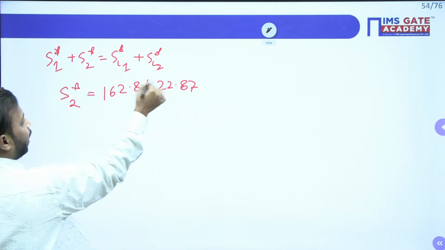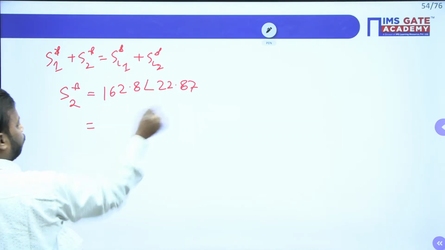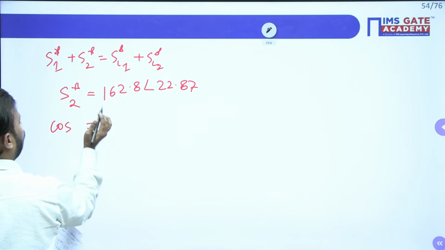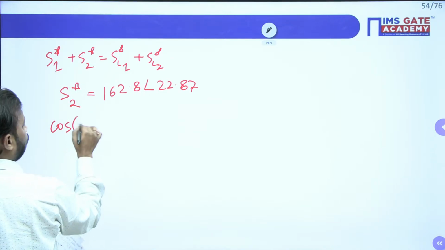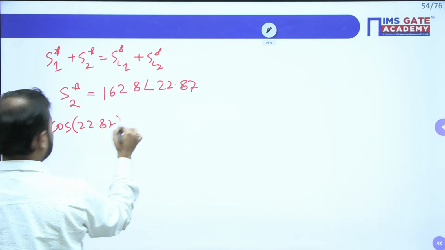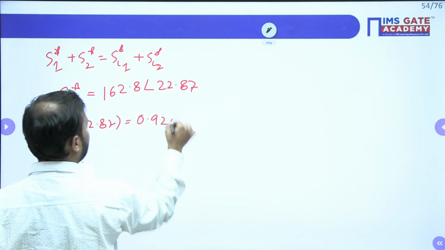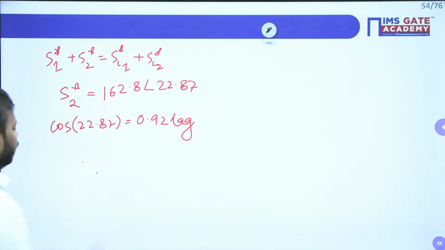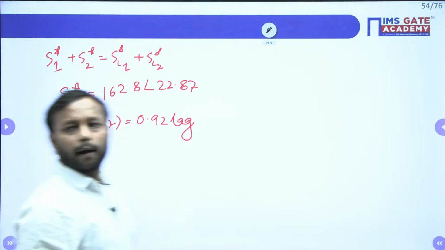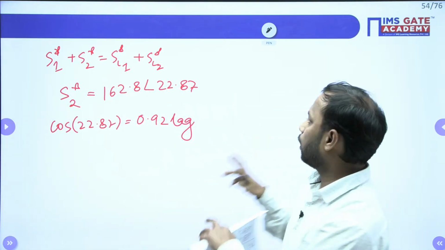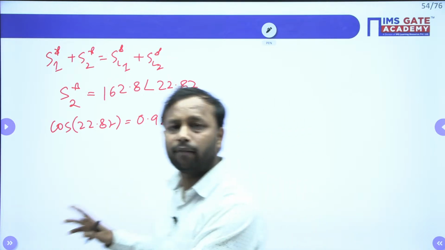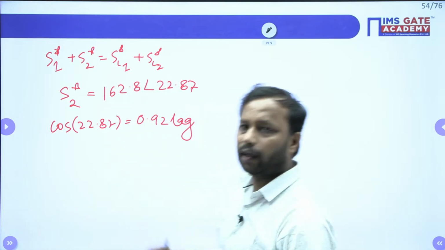So since the angle is positive, the power factor will be cos of 22.87, which is equal to 0.92, and due to positive we have lag. Done. It is clear. So please go through the question once again. Once the video is uploaded, you will definitely have the concept.